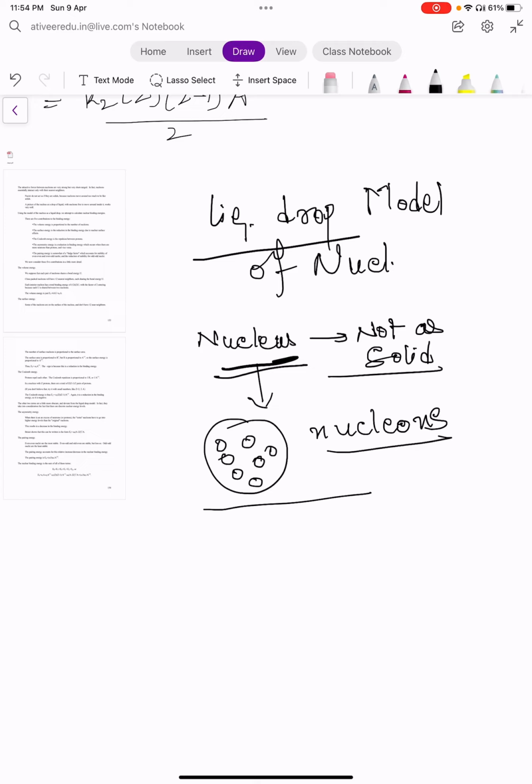Now, if we see from this particular theory, the binding energy of the nucleus is contributed in 5 ways.